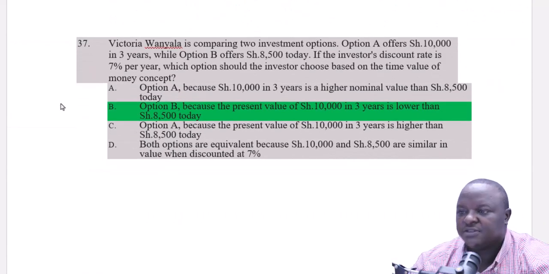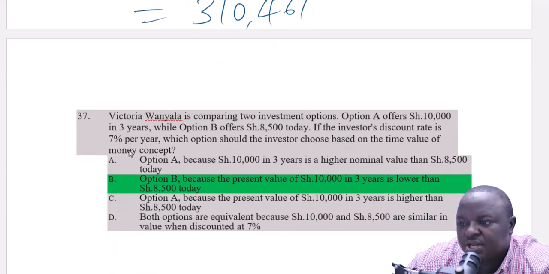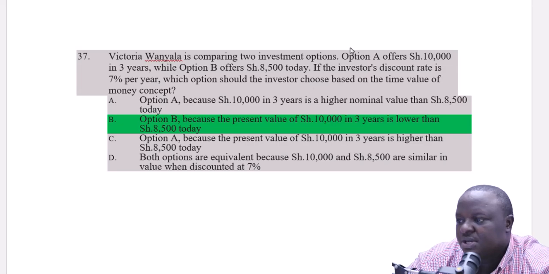Question number 37. Victoria Wanyala is comparing two investment options. Option A offers 10,000 shillings in 3 years, while option B offers 8,500 today.